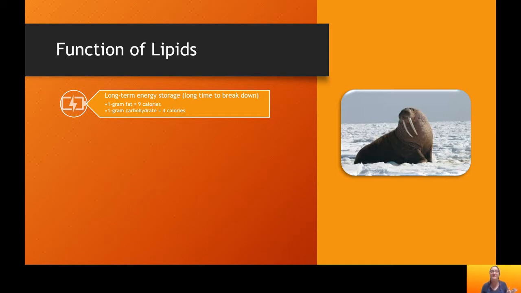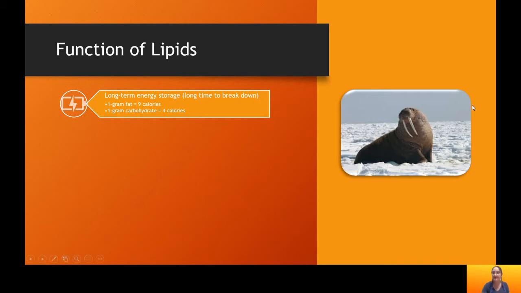So it takes a longer time for your body to use it. However, 1 gram of carbohydrates is around 4 calories, so it's less than half, but your body's able to break it down a lot faster, so you're able to use it right away. So those are 2 of the main differences there. So it's a long-term energy storage. You're going to use it a while later.